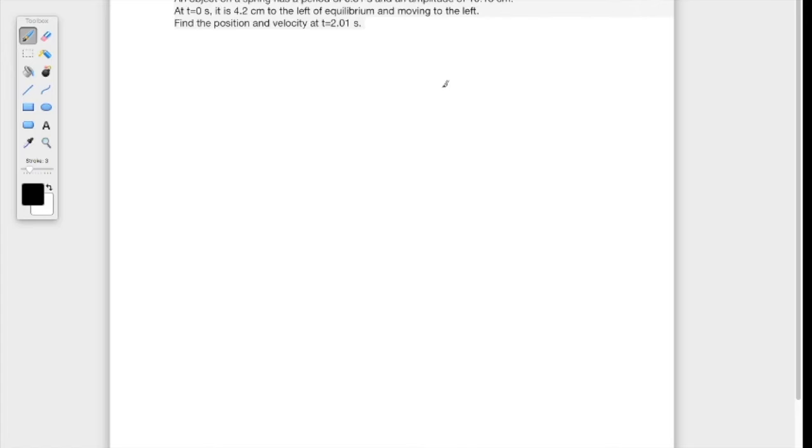So let me just draw something. Let's just draw like a line. So we have negative A, and 0. So right here, the object is right here at 4.2 centimeters, and it's moving to the left.